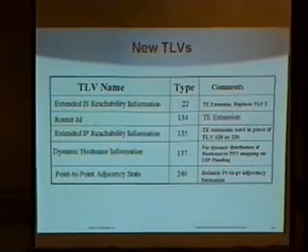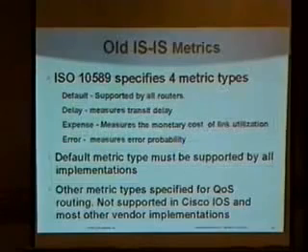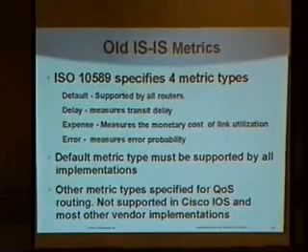Now metrics. IS-IS has, so the original spec specifies 4 types of metrics. There is the default that everybody must support. There is also a delay metric and expense as well as error, and we explain all of them here. In reality, nobody implements anything else.